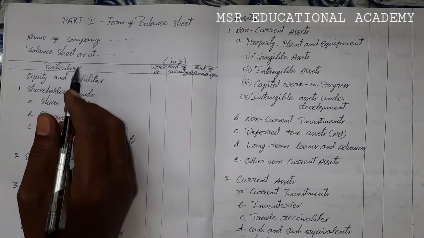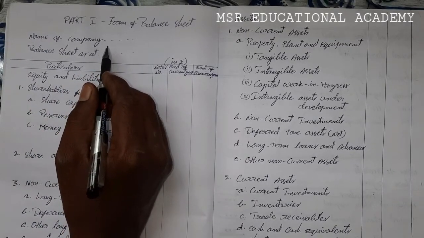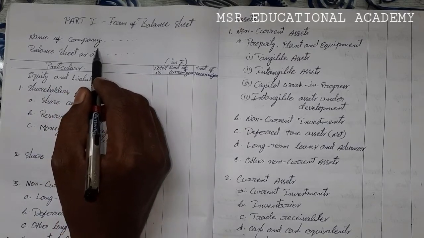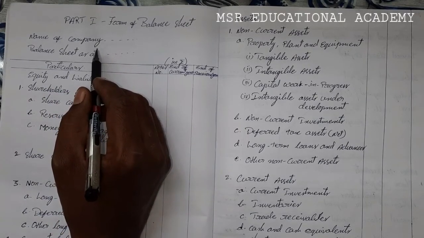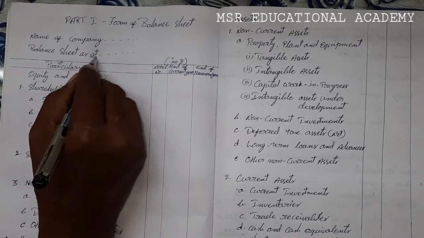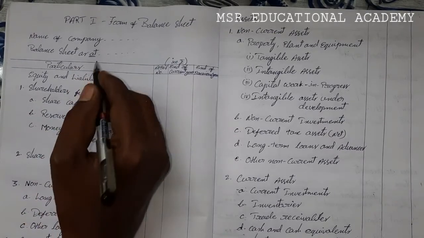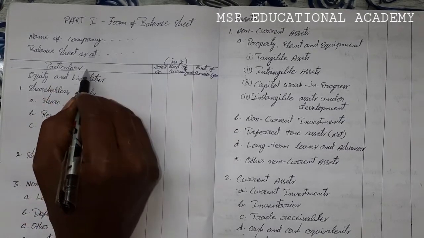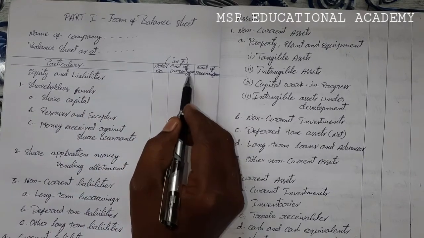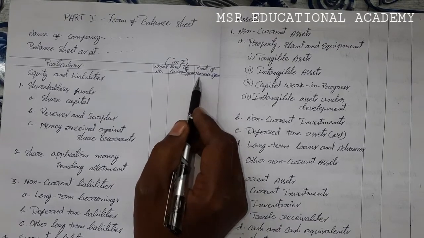In the sole proprietorship balance sheet, the heading is "balance sheet as on", but if you come to the company accounts balance sheet, that is "balance sheet" with assets. We should mention it as it is here. The next part of the balance sheet format is particulars, notes number, and the end of the current year amount in rupees and the end of the previous year amount in rupees.